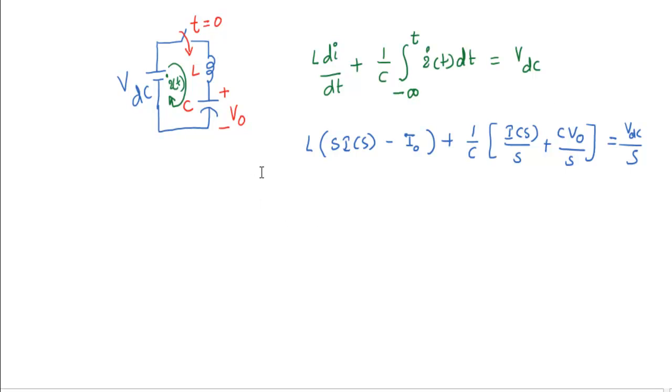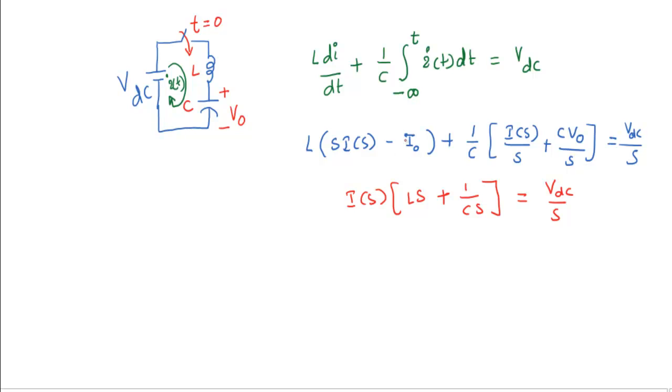Now you can take I(S) common from the two terms. Then I(S) multiplied by (Ls plus 1/Cs) equals VDC by S. Here some factors need to be taken to the other side.